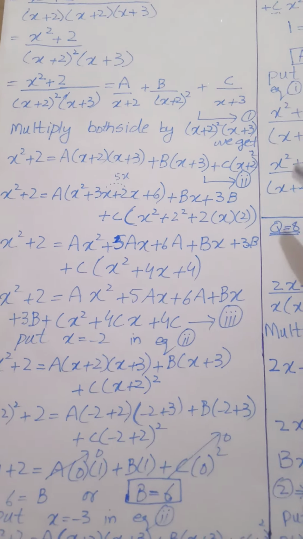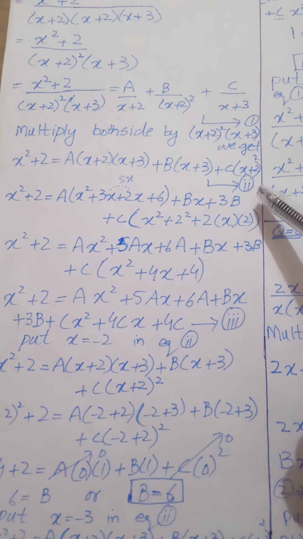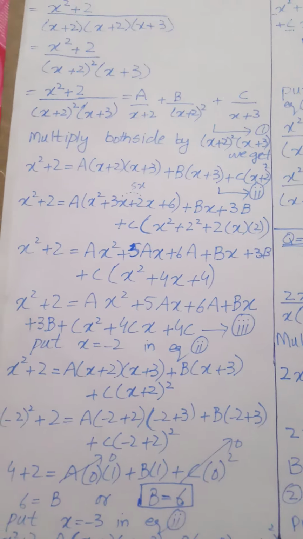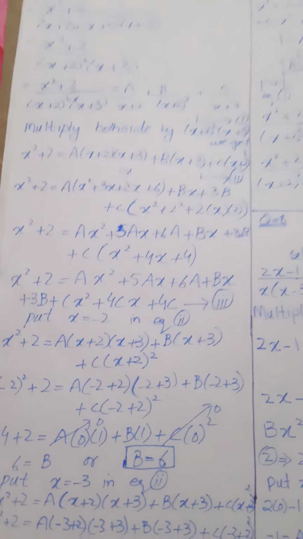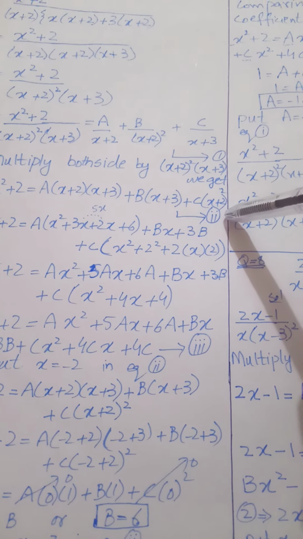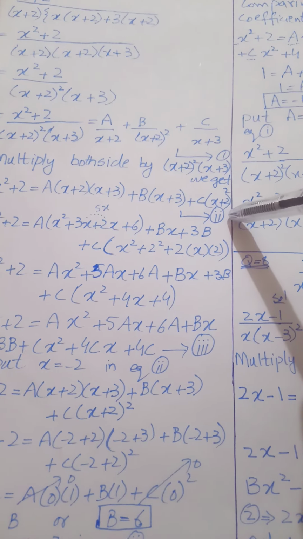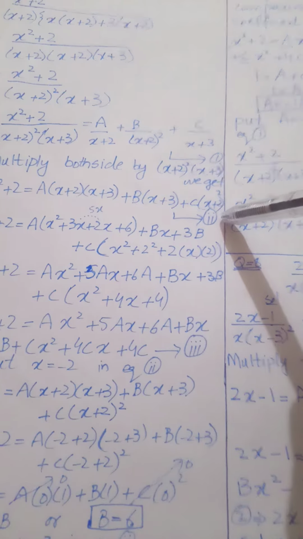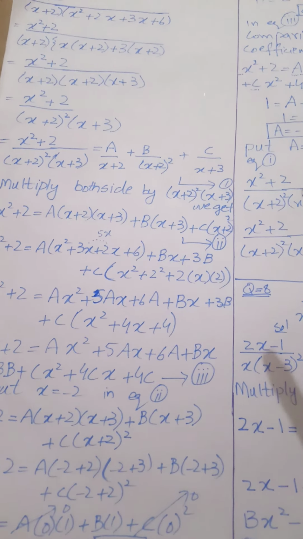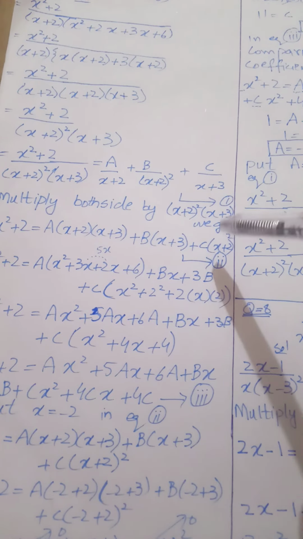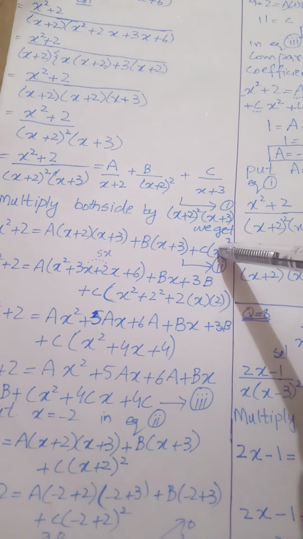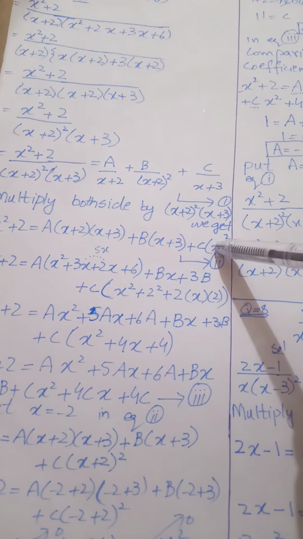It's up to you whether you put this value in this or in this. But equation 2 is more easy after putting these values. But you must put in this after simplification.